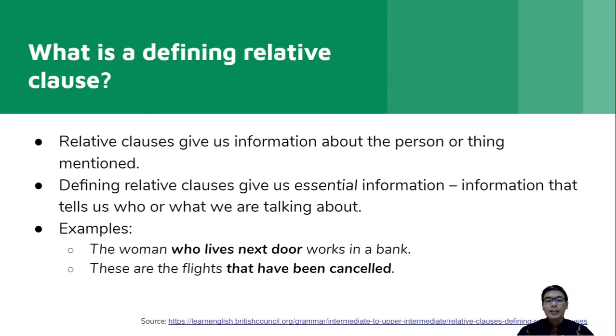That's why we need a defining relative clause to make it clear. So when I say the woman who lives next door works in a bank, now it is clearer. We know exactly which woman we are talking about. The woman who lives next door. Not that woman, not Mrs. A, not Mrs. B.